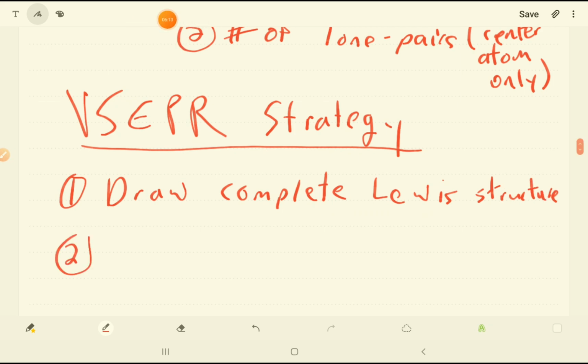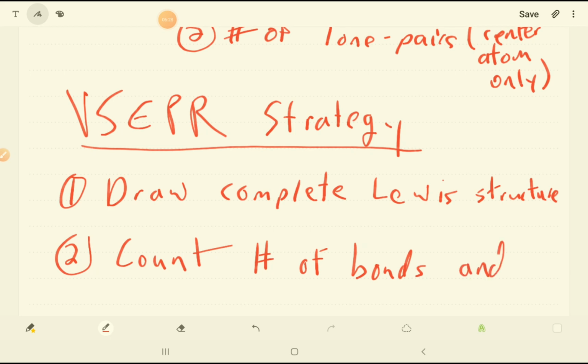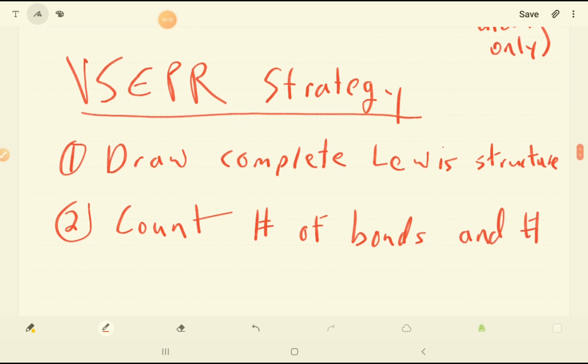Once you've drawn the Lewis structure, the next thing would be to count the number of bonds in the chart. Before we called bonds bond pairs, but it's the same thing. Count the number of bonds and number of lone pairs. And again, remember, this is going to be for the center atom only. Okay, so center only. So you should not be counting this for all the other non-center atoms.